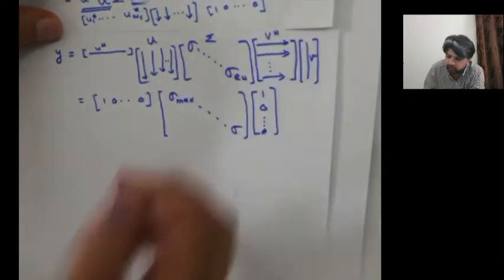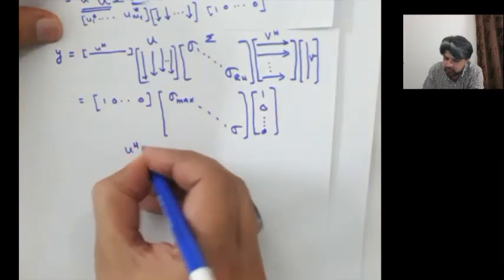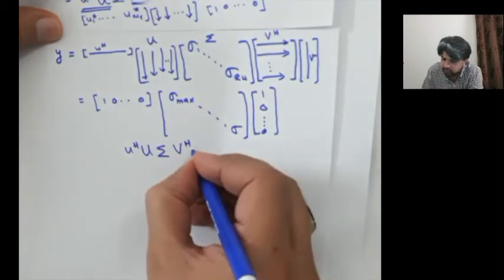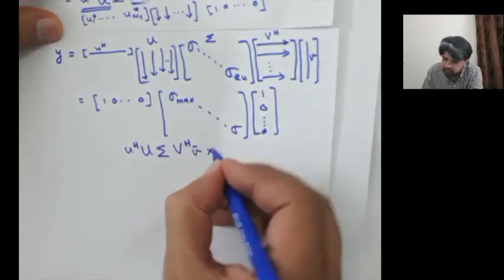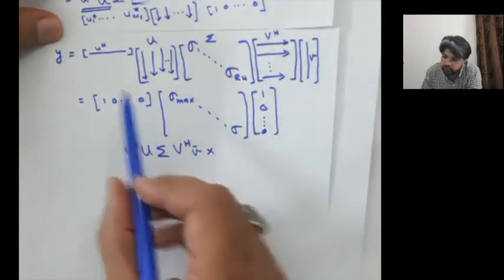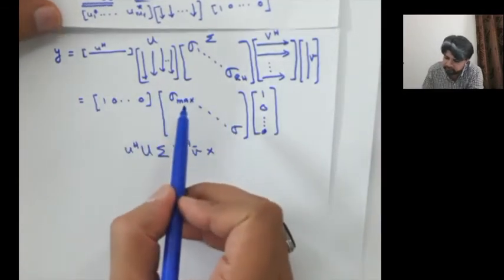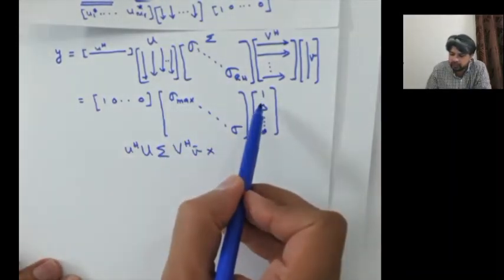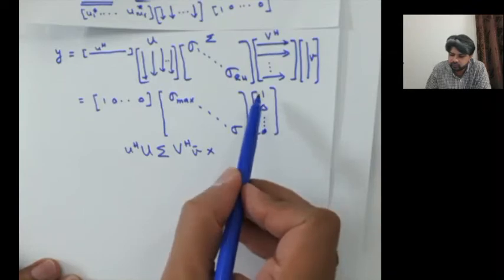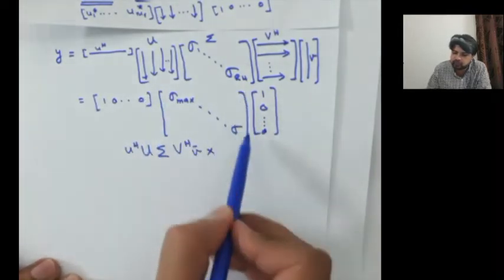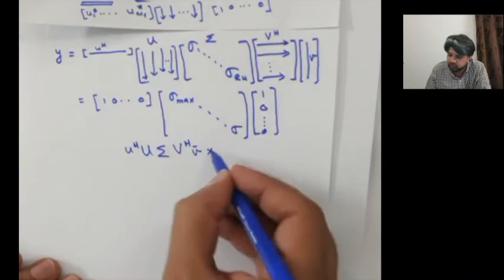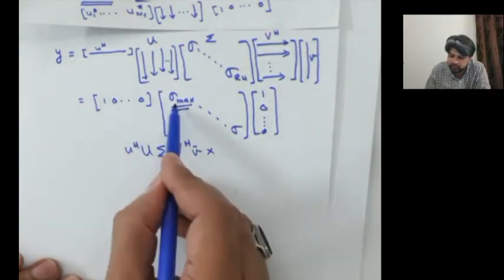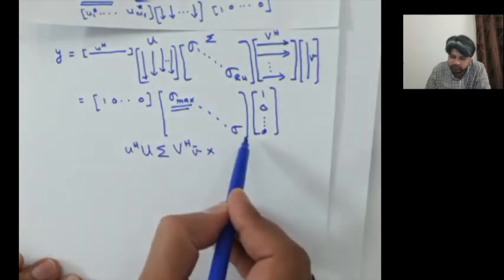So this product, that is U Hermitian times U times sigma times V Hermitian times V times X, is nothing but, remember this times this would give you a column vector, and then this times this column vector would give you a scalar quantity. And that scalar quantity would be sigma max, because this one would get multiplied with the sigma max, all other sigmas would get multiplied with zeros, right?